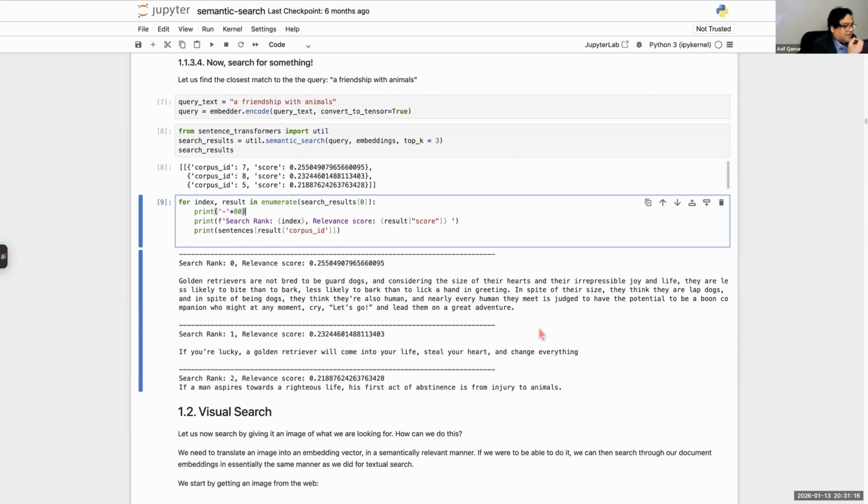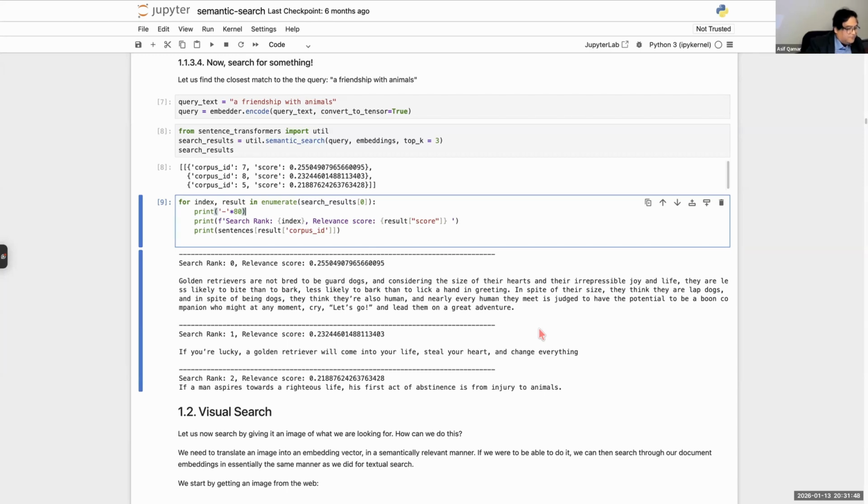A friendship with animals is a what? Is it a thing? Am I asking it to search for a mug? I'm asking it to search for something abstract, an emotion, right? A friendship towards animals is an emotion. Can you imagine something that is capable of looking for texts that match that emotion?